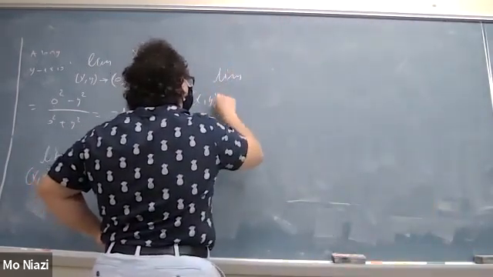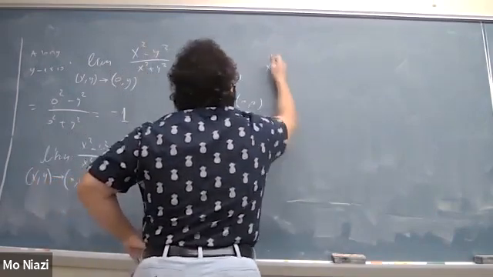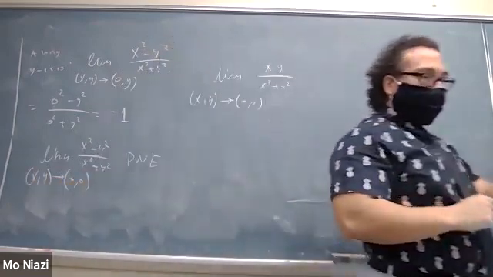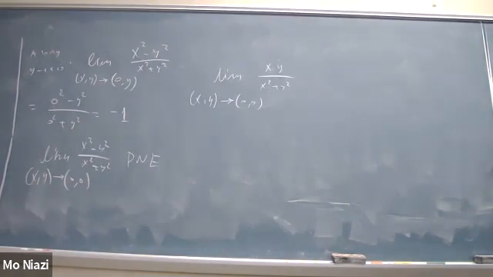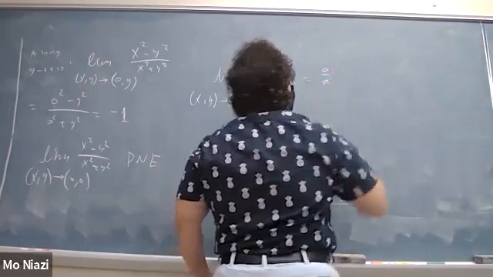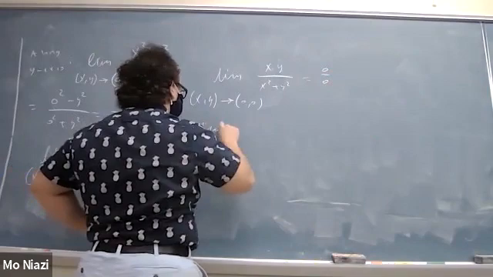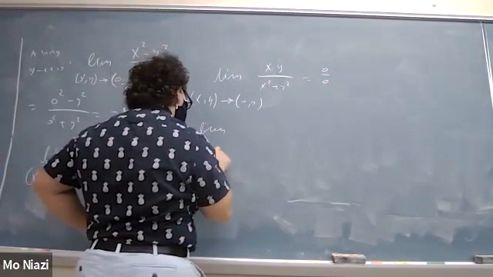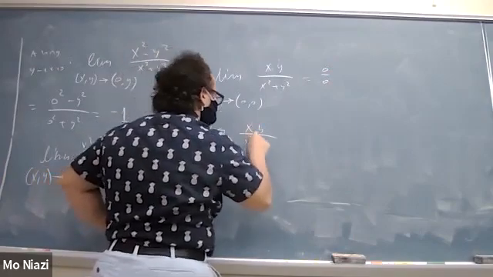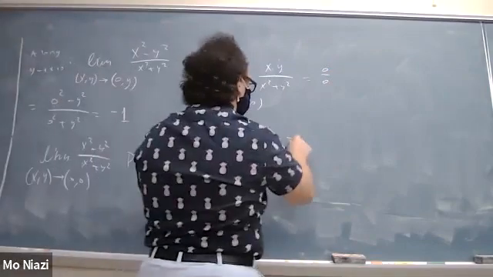So let's check whether the limit as x, y approaches 0, 0 of x times y over x squared plus y squared exists. Okay, let's just try direct substitution again. I get 0 over 0. Okay, let's try approaching it along the x-axis. That means my y is set equal to 0, and my x is just x.